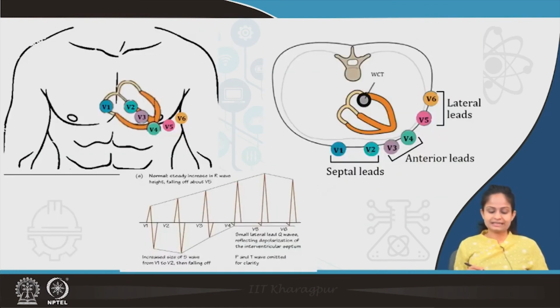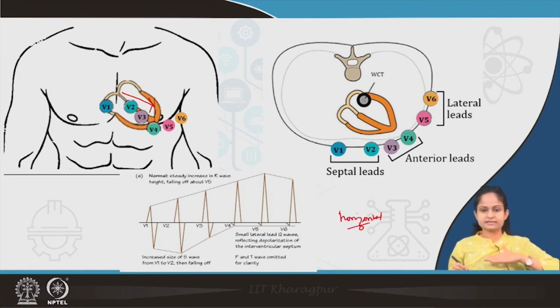Now, how are these chest leads depicting the various waves? V1 to V6 are placed in the horizontal plane, as I told you. Chest leads capture the electrical activity from the horizontal plane.